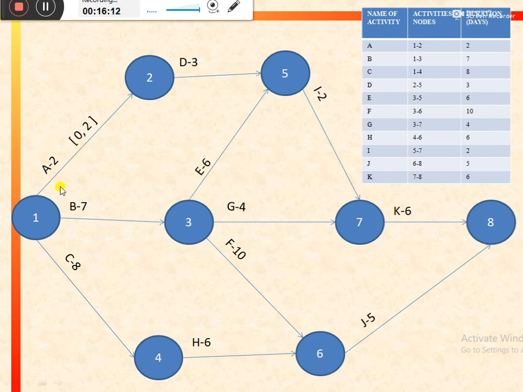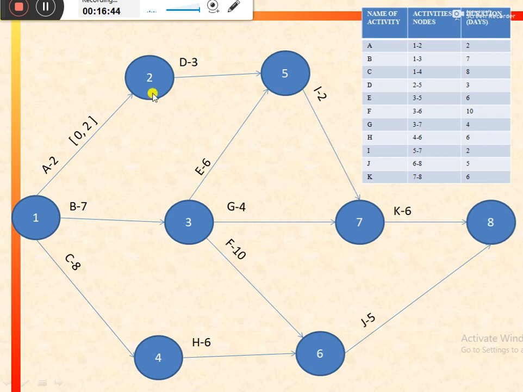The duration of these activities is given with their names; 2 denotes the time taken to complete this activity. So activity A would be completed in 2 days. As the earliest start is 0, the earliest finish would be 0 plus 2, that is equal to 2. So the earliest finish for activity A would be 2.